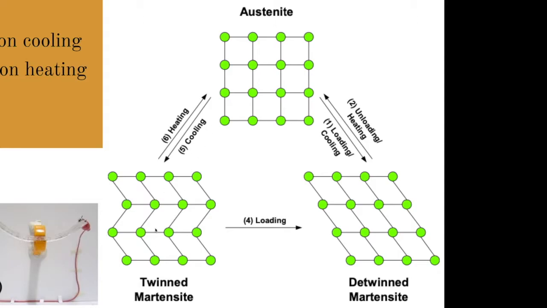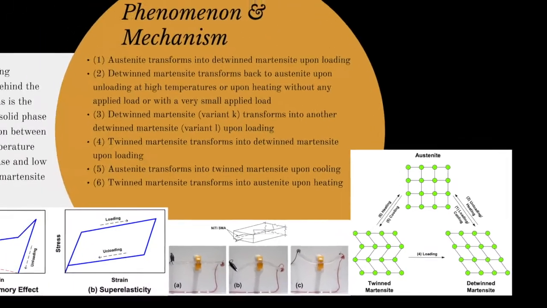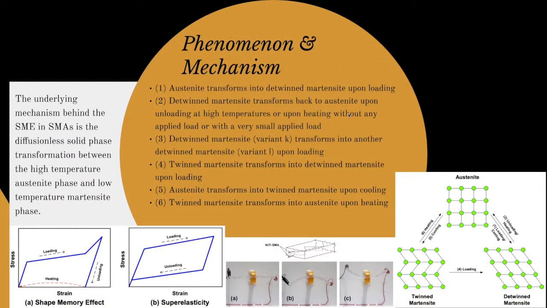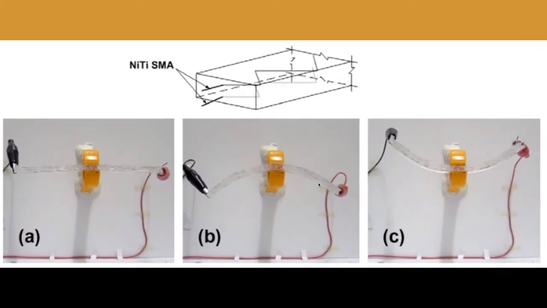Or if you change the temperature, it will change between the austenite and twin martensite. Yeah, there are some notes here, and I think this is the nitinol example, how they remember the shape.